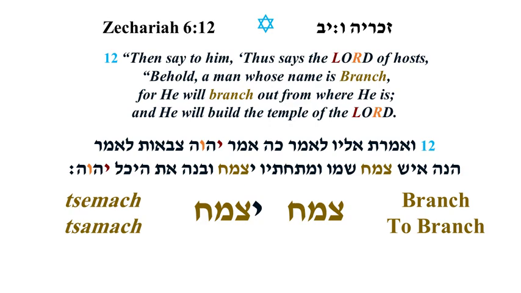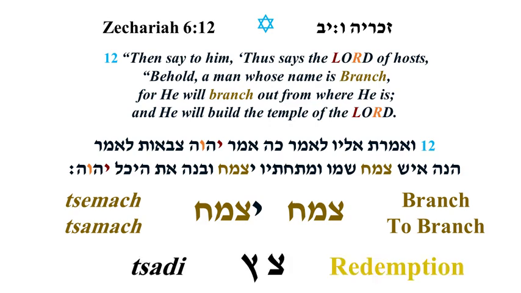And this, who is the branch? And you see it here twice. It's here as a noun, branch, and he will branch out as a verb, okay? And it's the word tzemach and tzemach. But it's the same word, okay? And it's got the tzadis in it. So the double tzadis with a double word, this represents, as the Jews say, redemption.